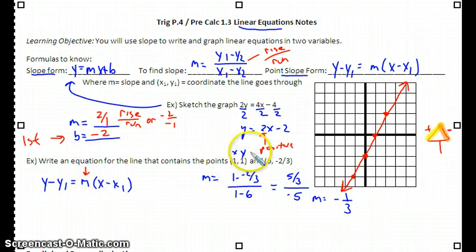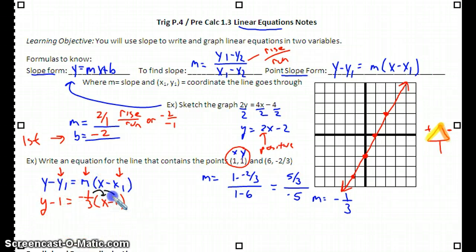Then what I also have to do is pick one of these points. I'm going to choose the easier one, the one that's not negative or a fraction, and plug it in for x sub 1 and y sub 1. So y minus 1 equals negative 1/3 times x minus 1. And then the last thing you want to do is solve it for y, because you've got some like terms that you can combine.